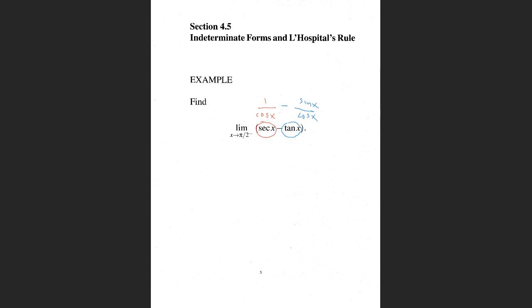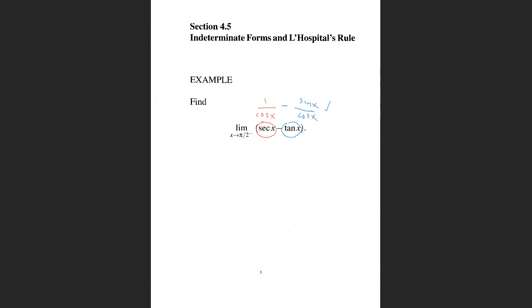Okay, so usually in these problems, it's going to help to write secants and tangents in terms of the fundamental trig functions, sine and cosine. So here we're looking at the limit as, that's right, that tangent could also be 1 over cotangent of x.